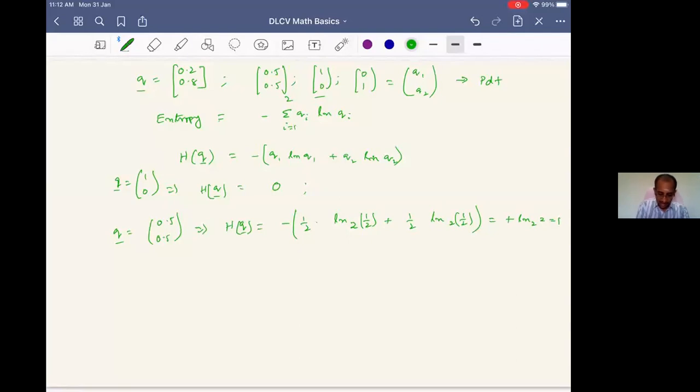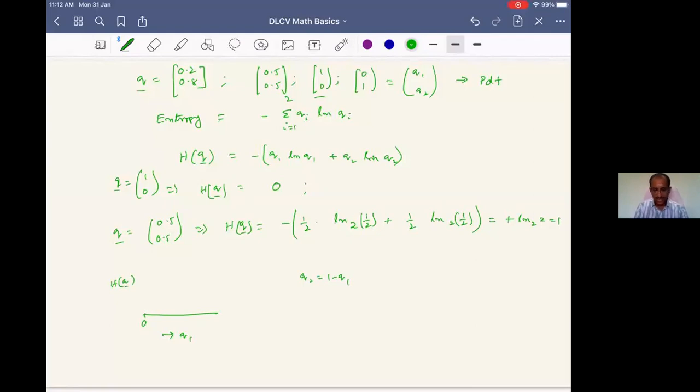See, if we look at the entropy with, say, Q1 and Q2, assume that Q2 is nothing but 1 minus Q1, just to make our job easier. Then with respect to Q1, we would like to have the information content, or the entropy, plotted.